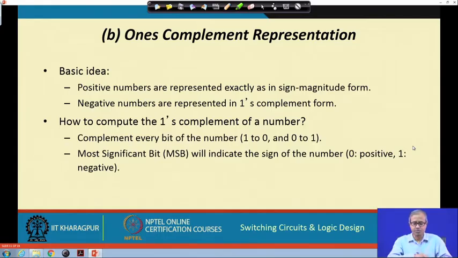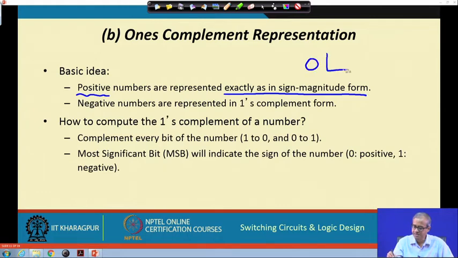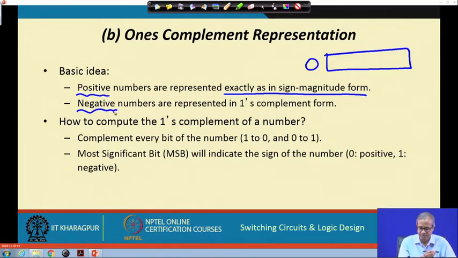Let us come to 1's complement representation. So, what is 1's complement representation? In this method, if the number is positive, then it is represented exactly like in sign magnitude form, no difference. The first bit indicates sign, which is 0, and the remaining part represents magnitude. But negative numbers are represented in a different way, that we shall see. Suppose I have a number minus 5.